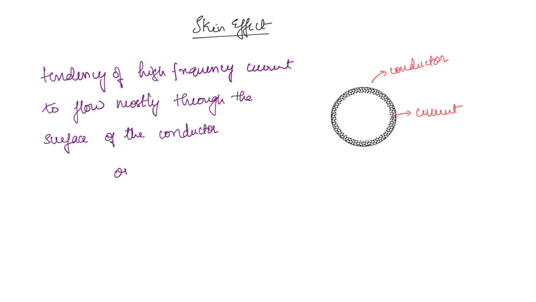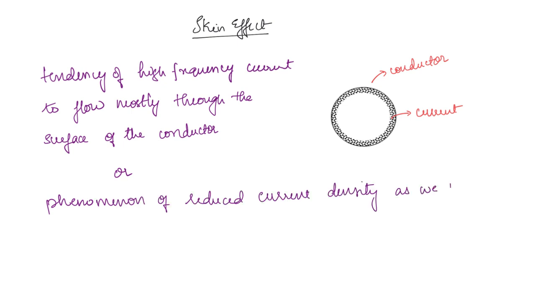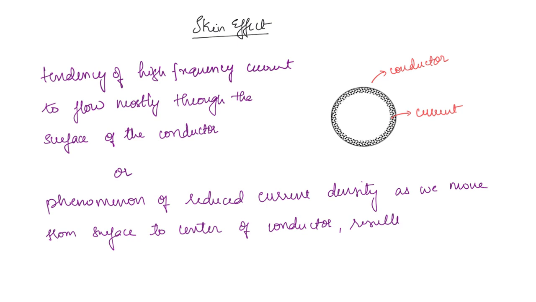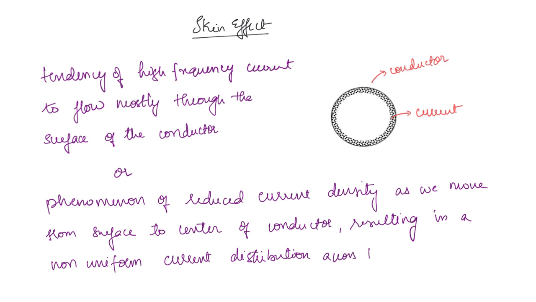Or you can say the phenomenon of reduced current density as we move from surface to center of the conductor, resulting in a non-uniform current distribution across the cross section of the conductor. So this is the skin effect.